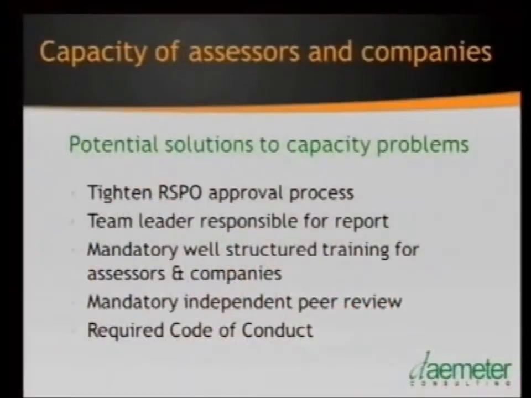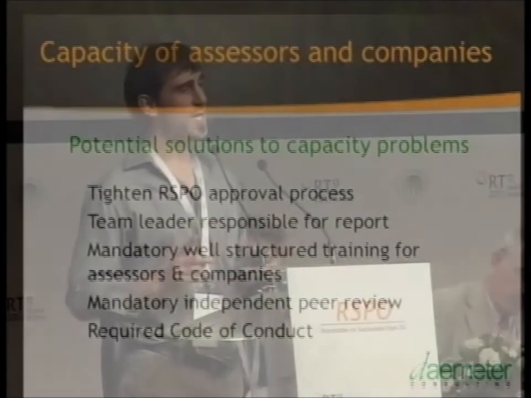Some of the things that we speak to in this report are to tighten the RSPO approval process to screen out assessors who at an early stage may not quite be qualified. Greater emphasis placed on the role of the team leader to take responsibility for the final reports. Mandatory, well-structured training not only for assessors, which is obvious, but also for companies so that they have a greater level of awareness for what they can expect and require of the assessors whom they're contracting.